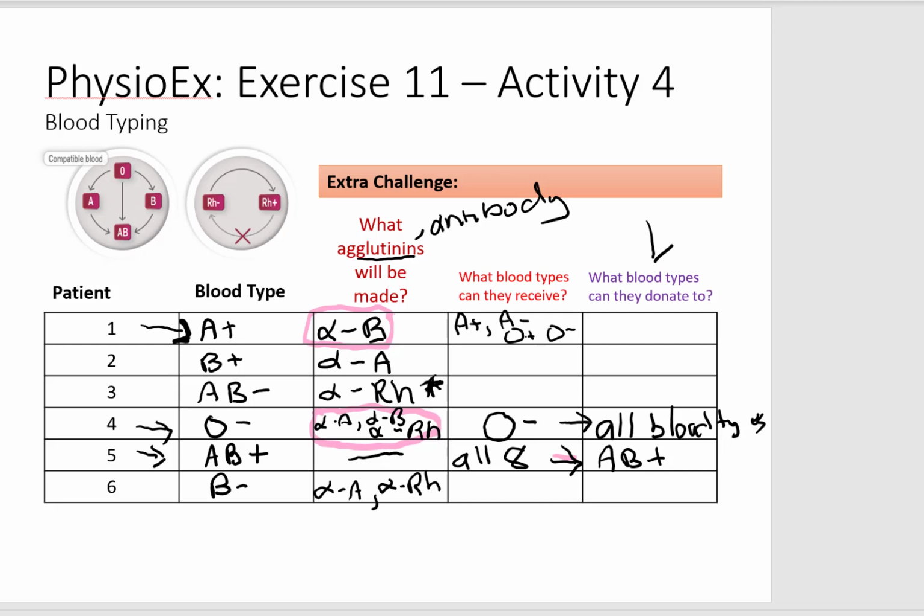On that note, I'm finished talking about the PhysioEx and blood typing. There are more blood typing problems in your lab manual that you should look at. And there are other blood type issues that were talked about in the blood typing lecture, like hemolytic disease of the newborn. That is clinically important.